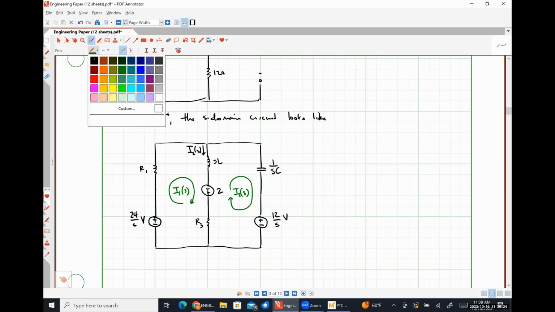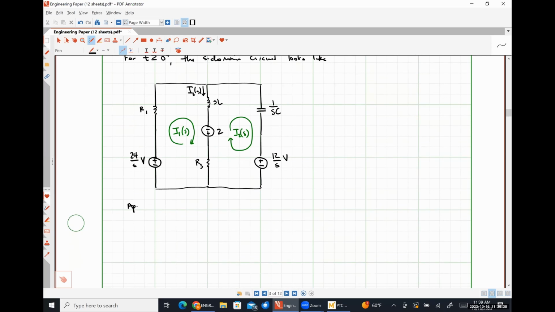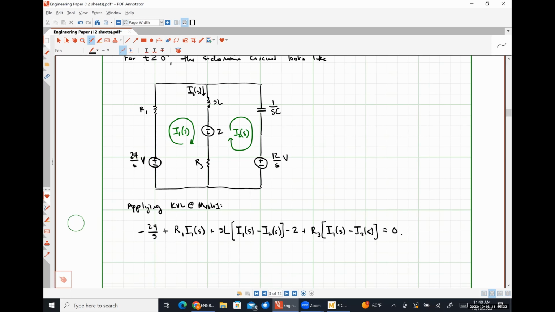So if we apply Kirchhoff's voltage law around mesh 1, we get negative 24 over S plus R1 times I1 of S plus SL times (I1 minus I2) minus 2 plus R3 times (I1 minus I2) is equal to 0.